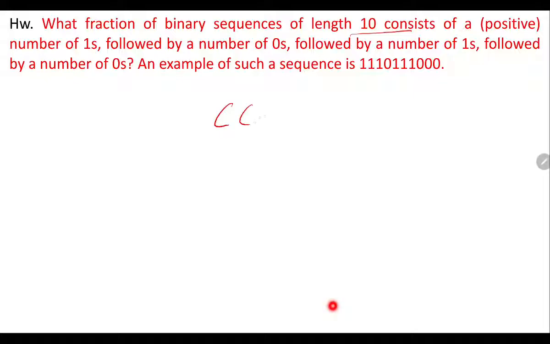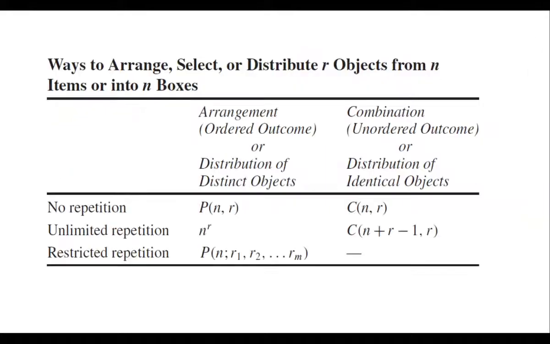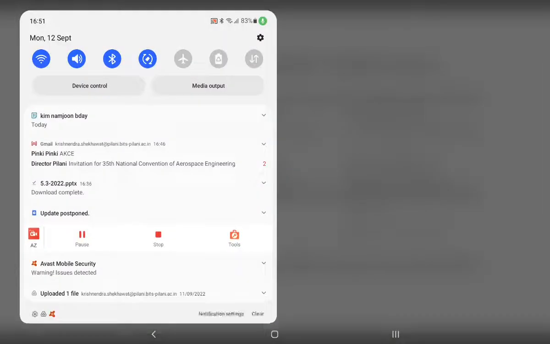So C(R minus 1, n minus 1). Okay, so quickly we can see the equivalent form of selection with repetition: it is the same as distributing R identical objects into n distinct boxes, or it is equivalent to the number of non-negative integer solutions to this equation. So that's all from today's class. Thank you very much.